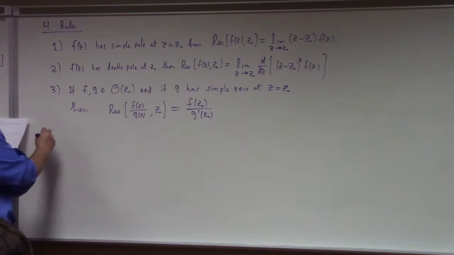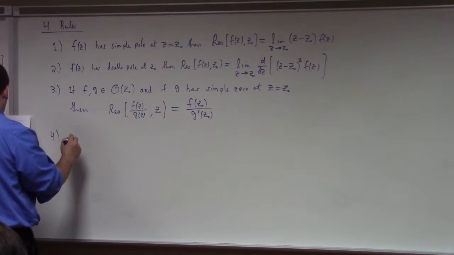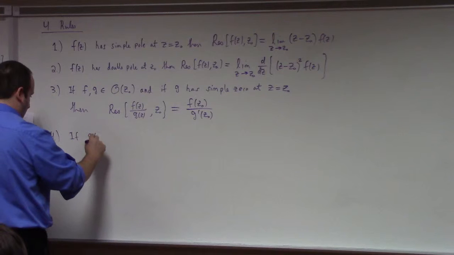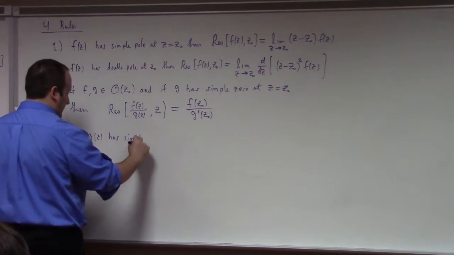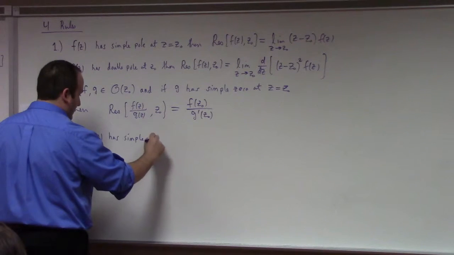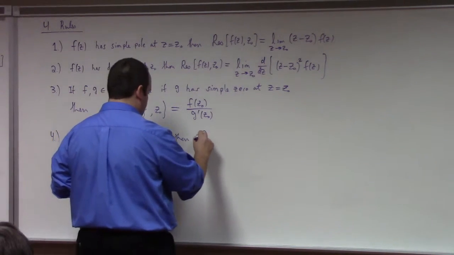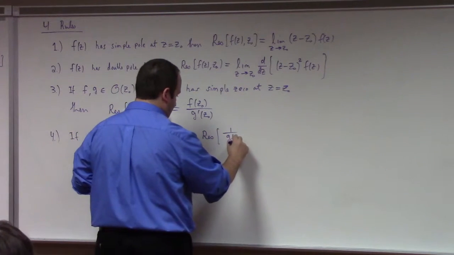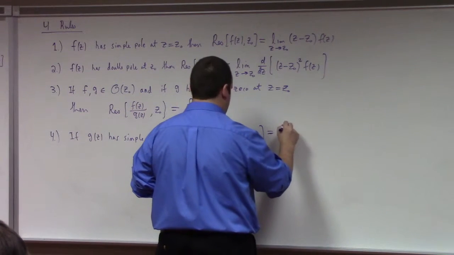And finally, rule number 4. Rule number 4 states that if g has a simple pole at z naught, kind of a special case of rule number 3, then the residue of the reciprocal of g, 1 over g of z, at z naught is just equal to 1 over g prime of z naught.